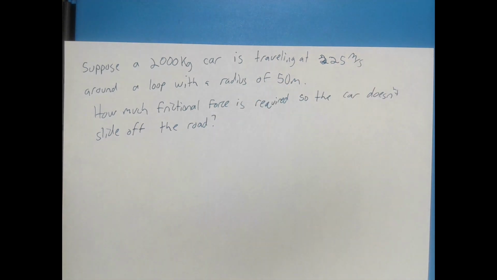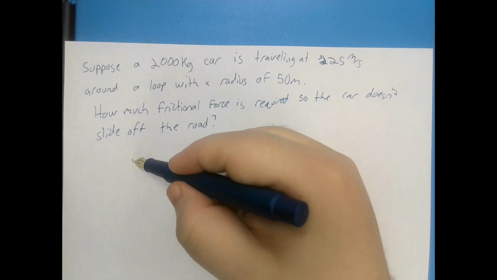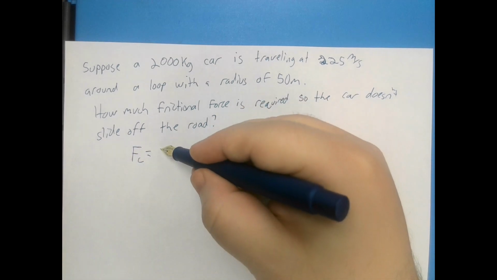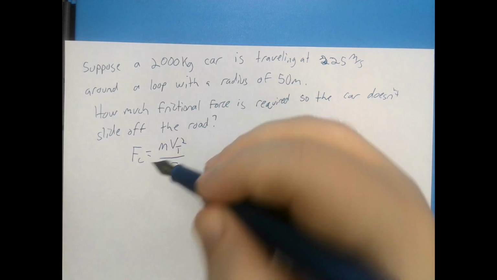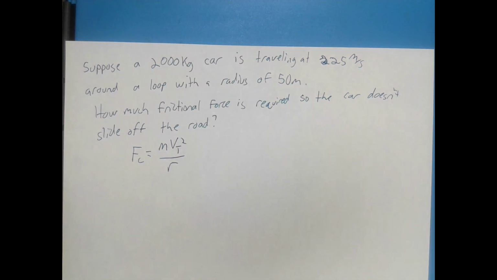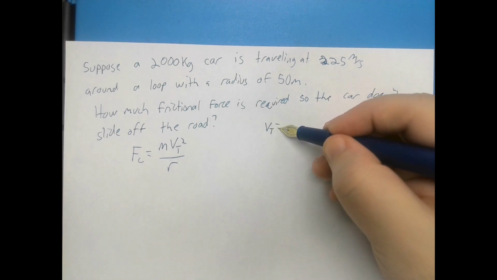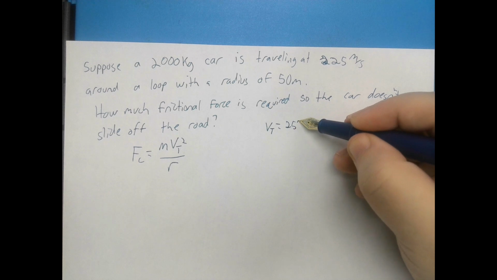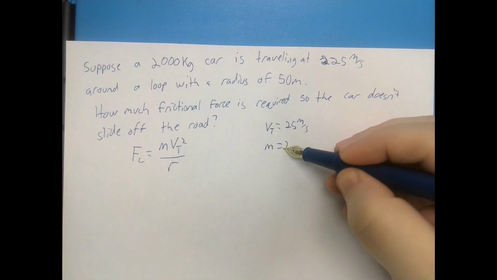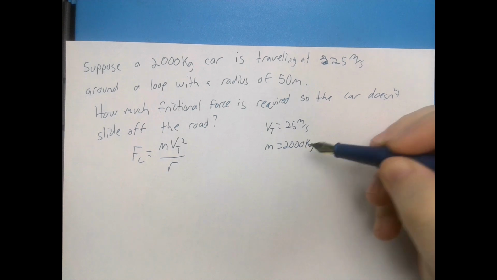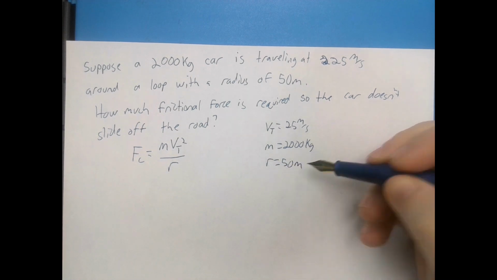Well, that's the same as the centripetal force. So centripetal force is equal to mass times tangential speed squared over radius. The tangential speed is 25 meters per second. The mass is 2,000 kilograms. And the radius is 50 meters.